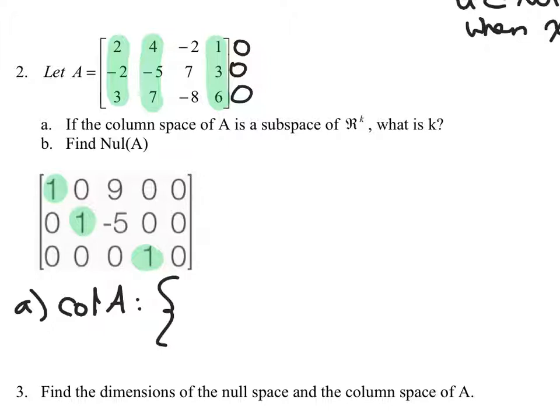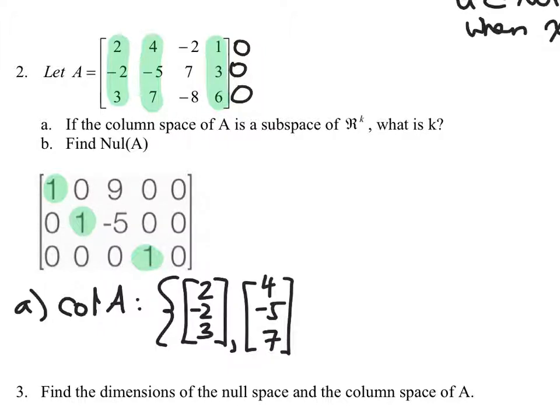Again, I need a marker, not a highlighter. So I write the original vectors, not the row reduced form. All right, so I needed 3 vectors to span this real space, all right?